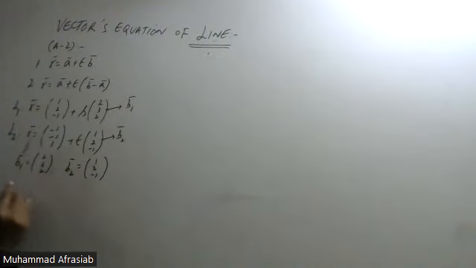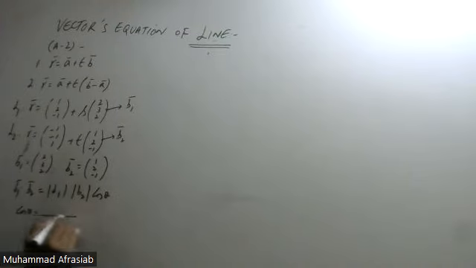If we use the dot product between these two vectors, B1 dot B2 is equal to B1 magnitude times B2 magnitude times cos of the angle between these two. Then cos theta is equal to B1 dot B2 over B1 magnitude times B2 magnitude. Theta is equal to cos inverse of B1 dot B2 over B1 magnitude times B2 magnitude. So this is the angle between the two vectors.